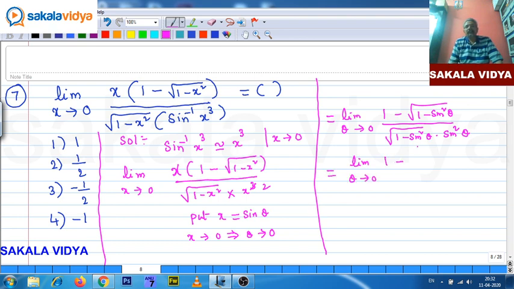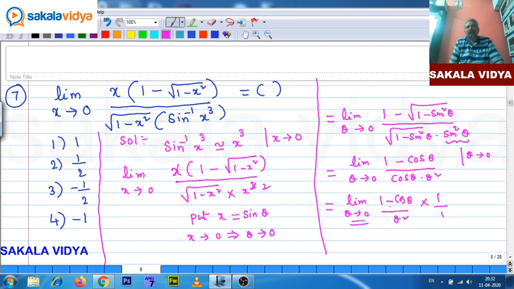Root of 1 minus sine square theta is root of cos square theta, which is cos theta. This is cos theta into sine square theta. As theta is very small, sine square theta we can write as theta square. So now we can write limit theta tends to 0, 1 minus cos theta by theta square into limit theta tends to 0, 1 by cos theta, which is 1 by 1. 1 minus cos theta by theta square is 1 by 2. So 1 by 2 into 1 by 2. So the second option is the right option.